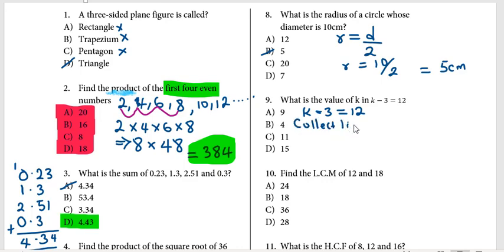Collect like terms here. This 3 moving over to this end, so it becomes k is equal to 12 plus 3. And here it becomes k is equal to 15. Right? So the right option for this question is option D.